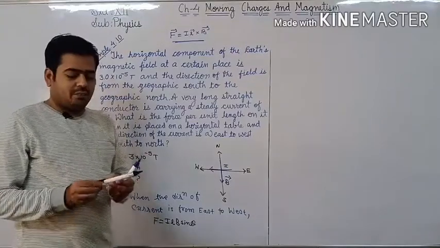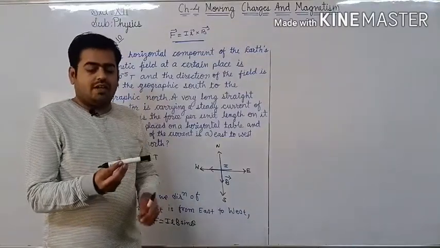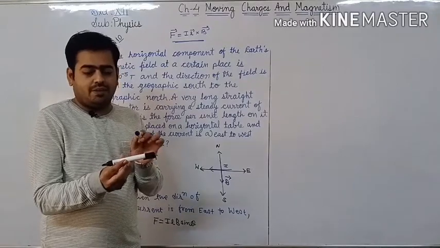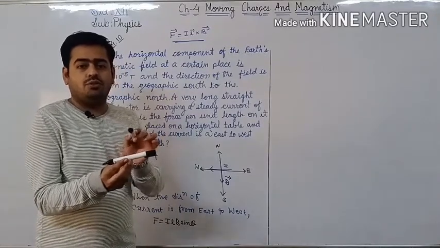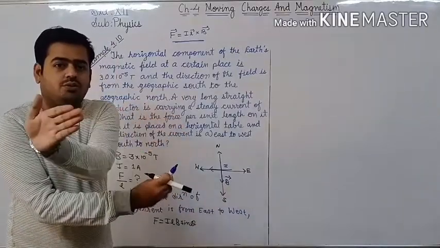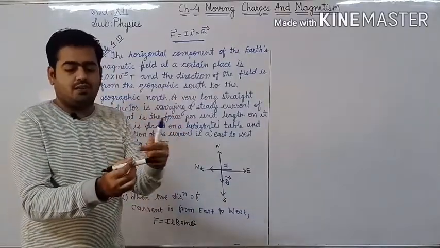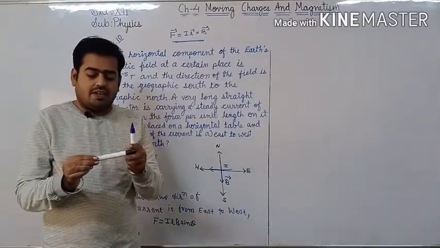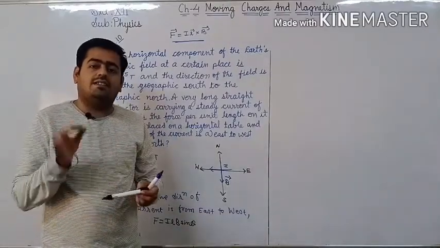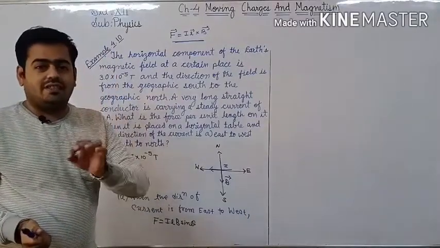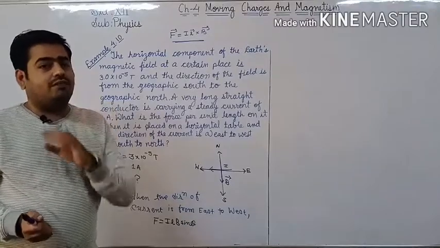You can consider this type of situation. Current is flowing from east to west and direction of magnetic field, that is north to south. It means magnetic field is in this direction, north to south, and current is flowing east to west. It means this current carrying wire is placed in external magnetic field. Whenever current carrying wire is placed in external magnetic field, at the time what will happen?